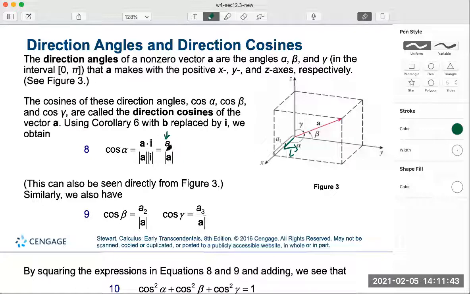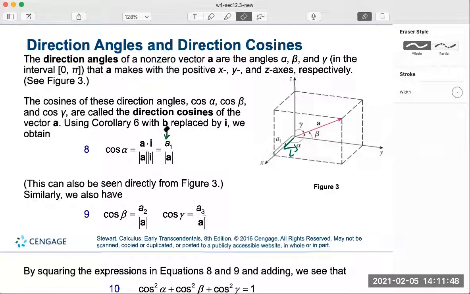Okay? Vector A times I will be A1. Similar story. The angle between vector A and the OY axis will be A2 divided by the magnitude of A. And similarly, the angle gamma here will be A3 divided by the magnitude. Okay?